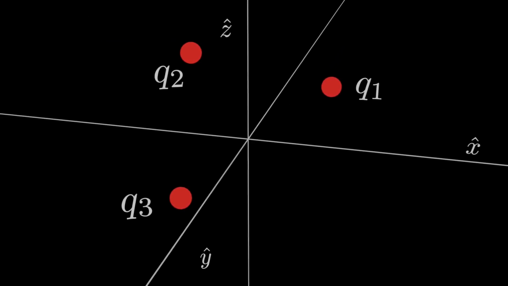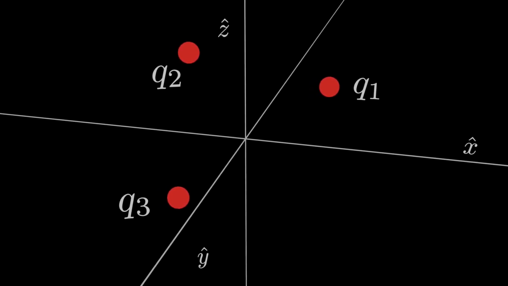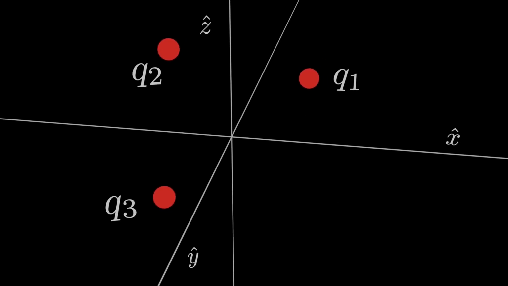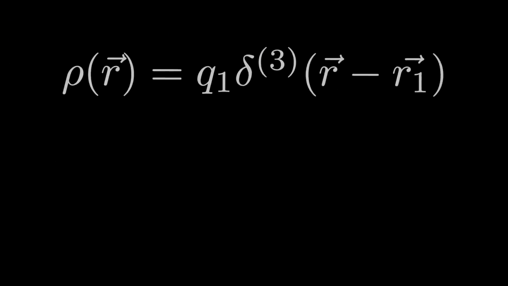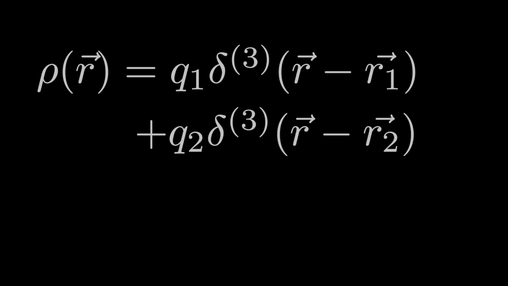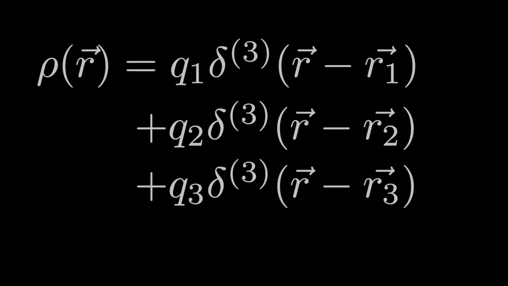We have Q1, Q2, and Q3. Q1 is centered at R1, Q2 is centered at R2, and Q3 is centered at, of course, R3. Then modeling out the charge density would just be Q1 multiplied by a Dirac Delta function centered at R1, plus Q2 times a 3-dimensional Dirac Delta function centered at R2, and then the same thing for R3 respectively.